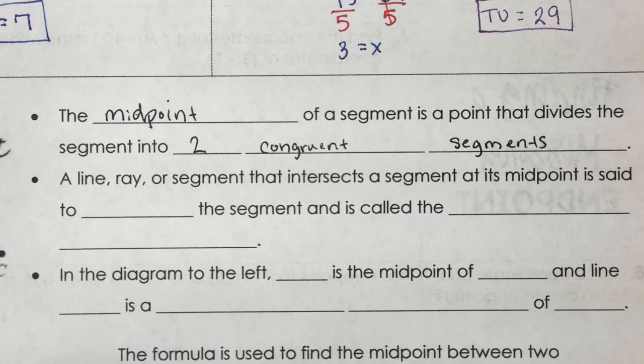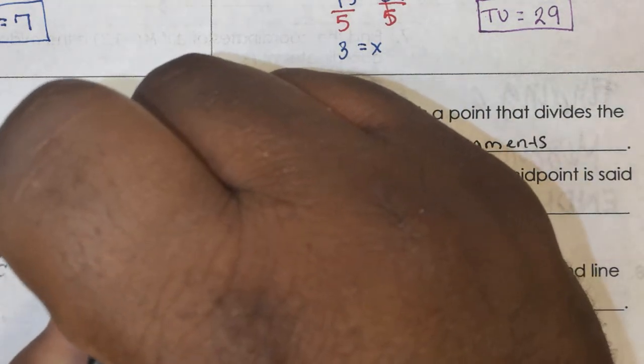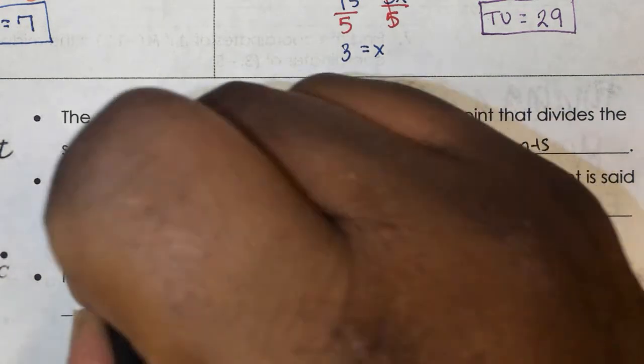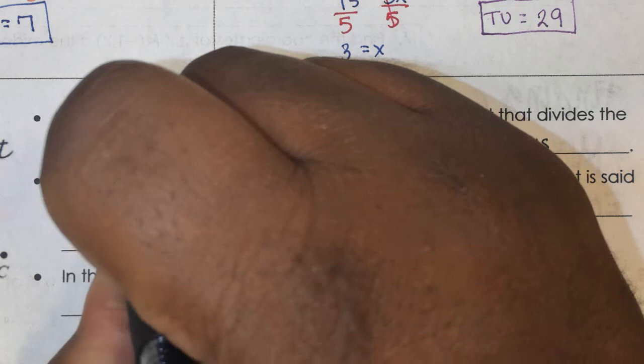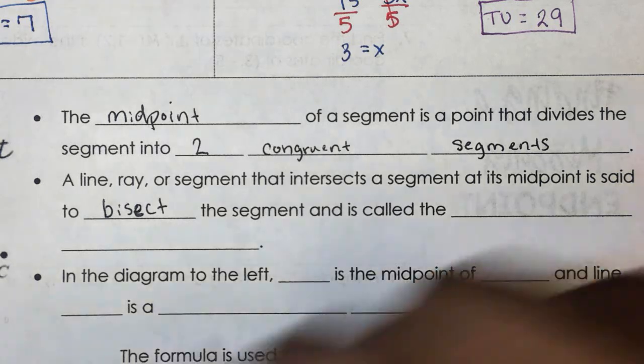A line or a ray or a segment that intersects the segment at its midpoint is said to bisect. You're going to hear this word a lot this year too. Bisect just means cuts in half. Okay, you bisect something, you split it in half the segment, and it's called the segment bisector.